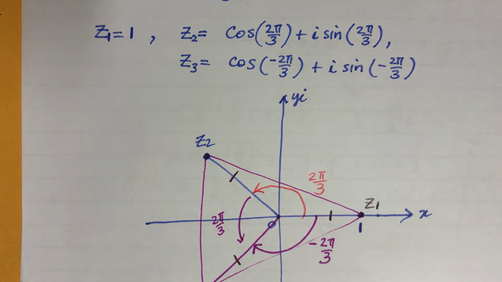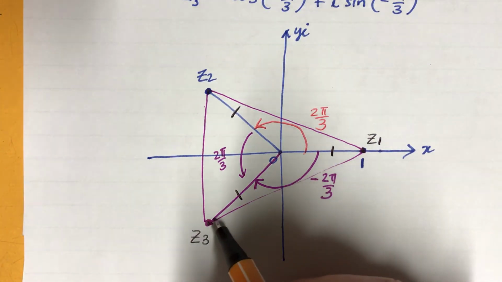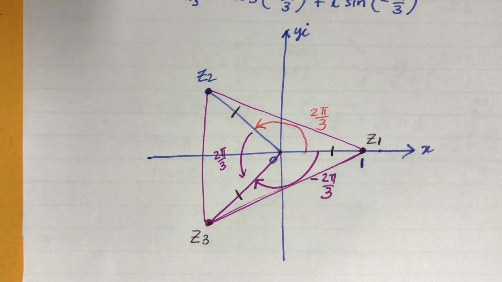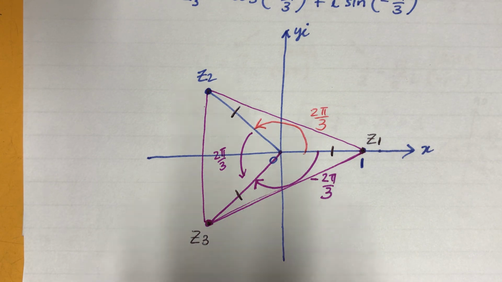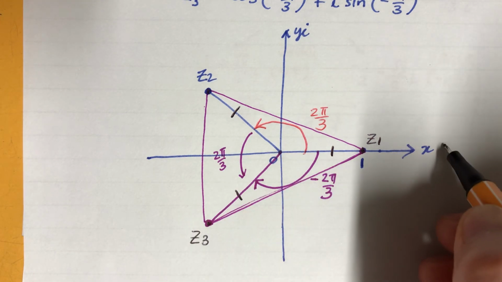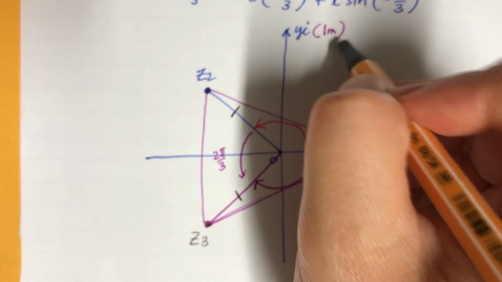Again, I've done it very roughly, but you can do much better than what I've just done. Okay, so that's my plotting those roots on an Argand diagram. We have this, so that's the real part, that's the imaginary part.